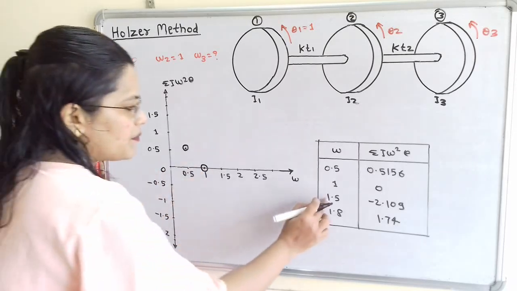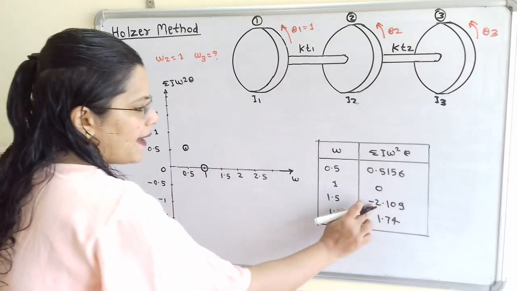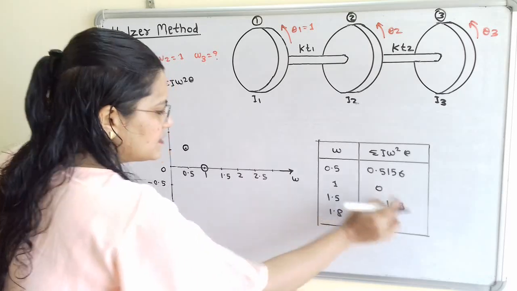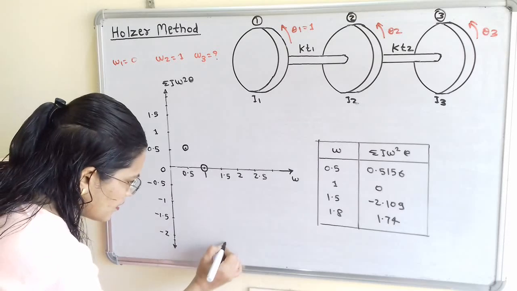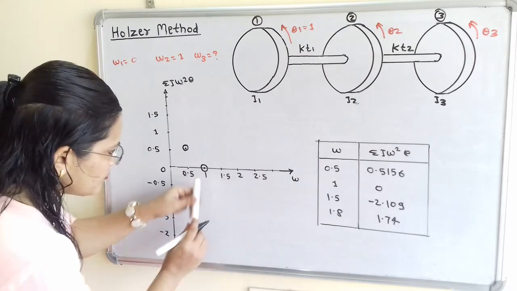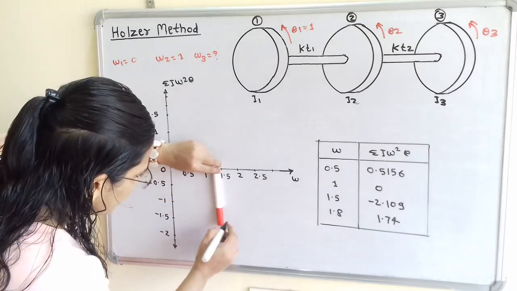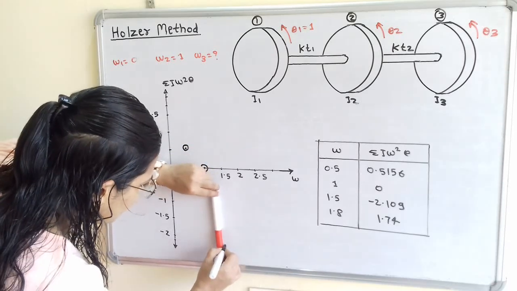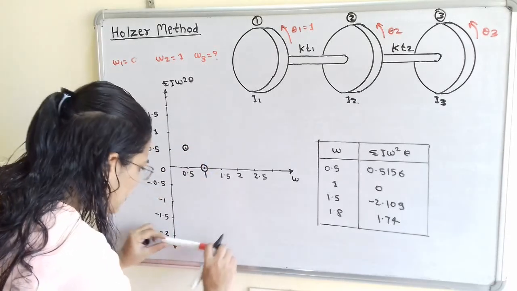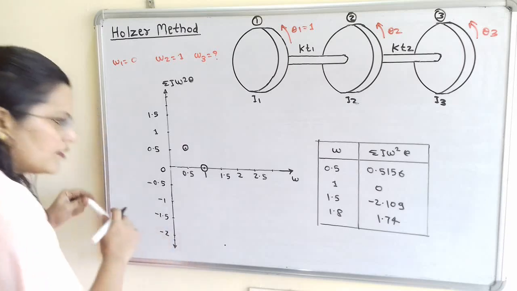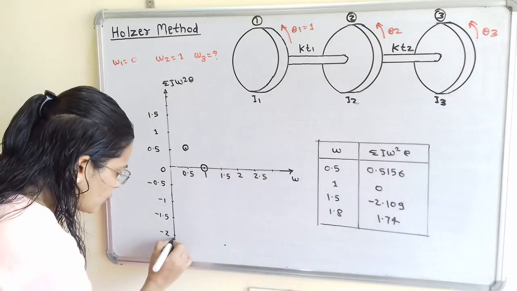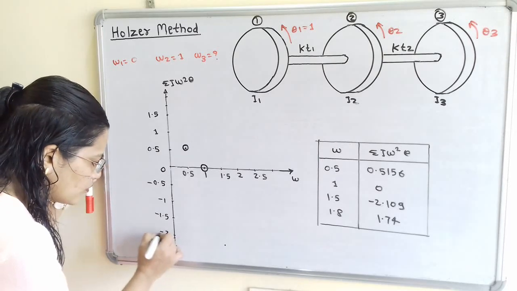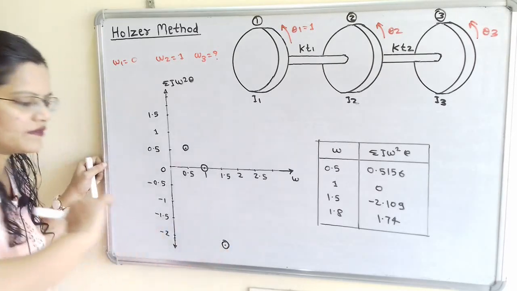Then next, for 1.5, it is minus 2.109. For 1.5 here is minus 2, so we take the vertical straight line and horizontal line. After this minus 2 there is minus 2.109, so we take some distance below minus 2 and plot one point here.